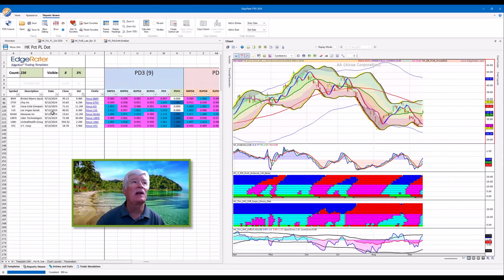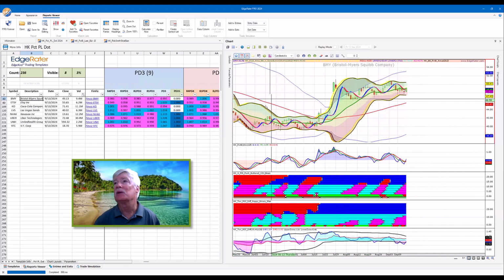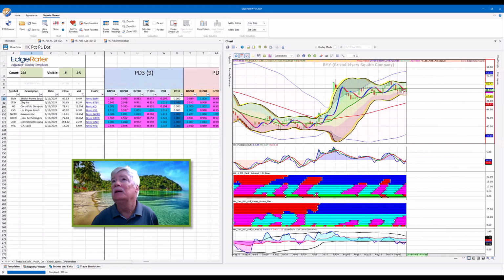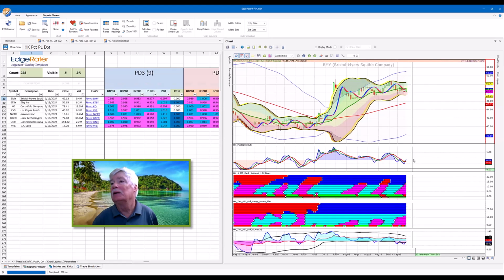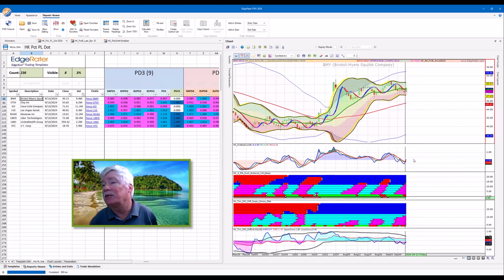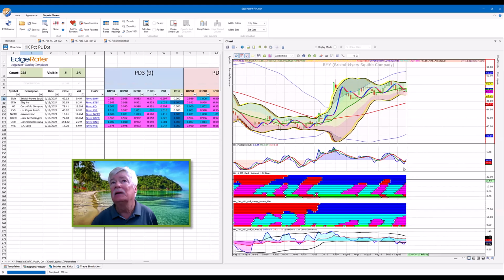So out of those stocks that I had picked out, let's look at Bristol Myers Squibb. Again, I'm looking for the 3 and the 6, which is close. You can see that this is trading here. I don't have a lot of support in this one yet. I don't have any bullishness tendencies here.